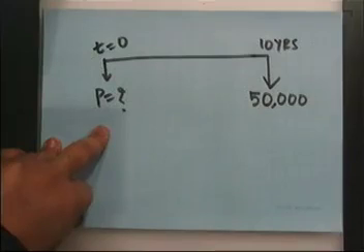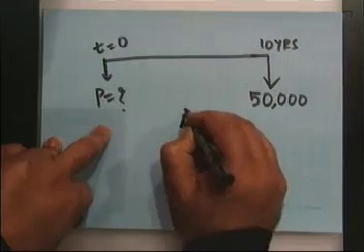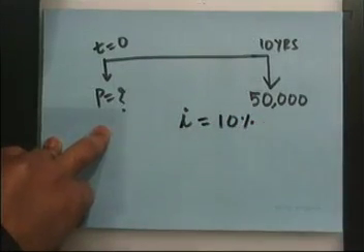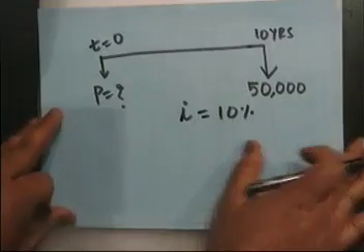Here again I have got two options. I can use the formula directly, or I can refer to the table corresponding to i equal to 10%.